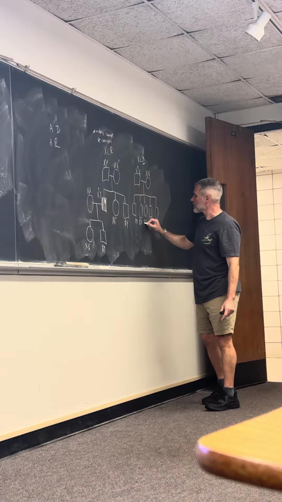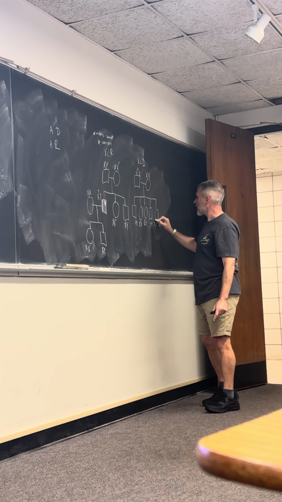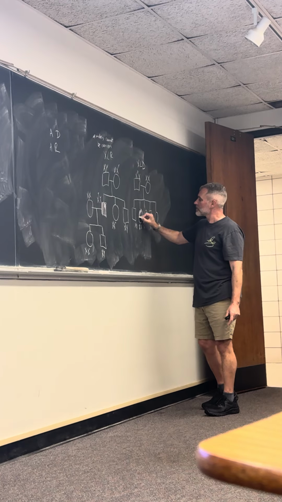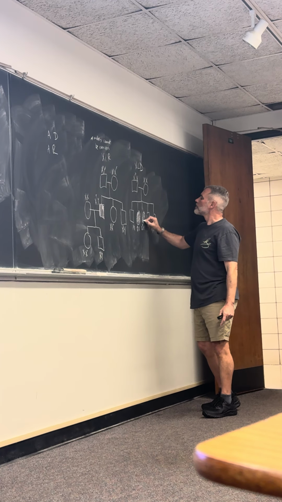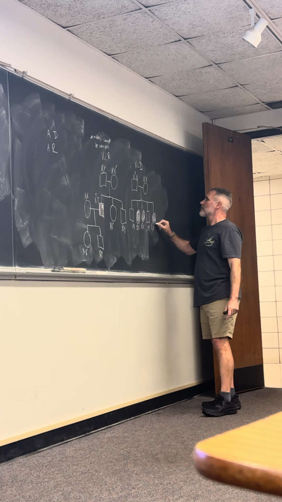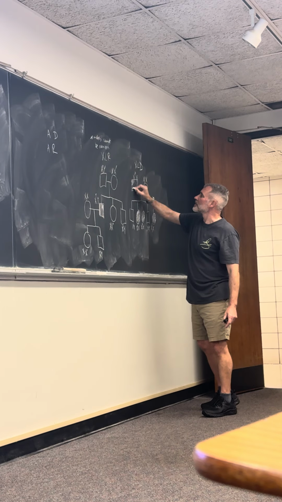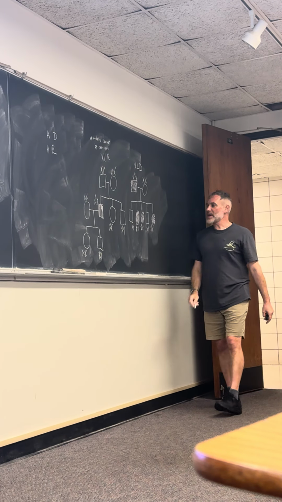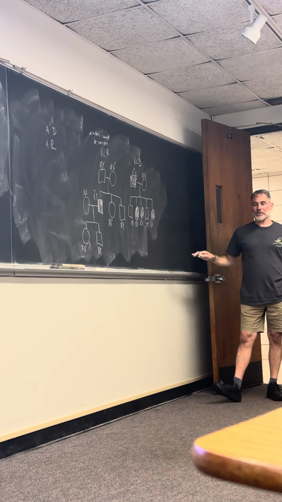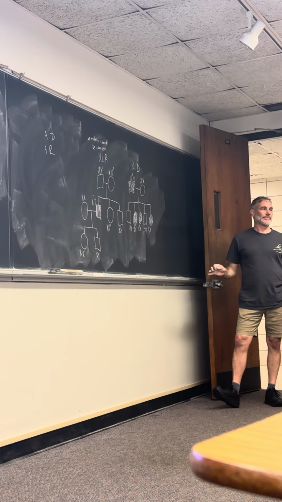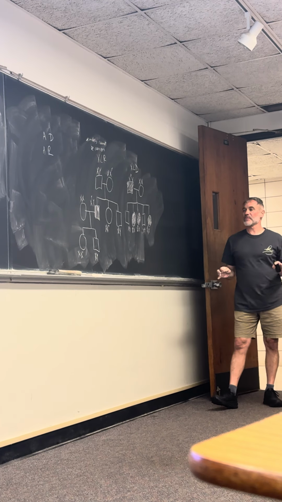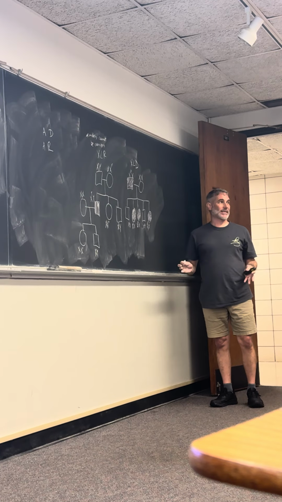It's dominant. So if they get one copy, they'll have it. So the distinctive pattern is that whenever, I forgot to give him the trait. Whenever a male has it, every daughter gets it, none of the sons. The sons cannot get it from their dad, and the daughters have to get it.